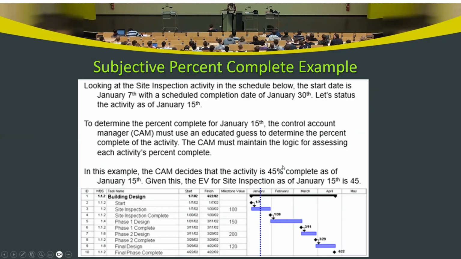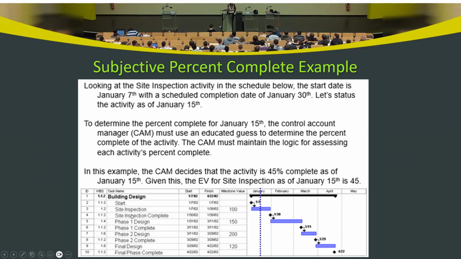An example: the point of observation is sometime in mid-January.